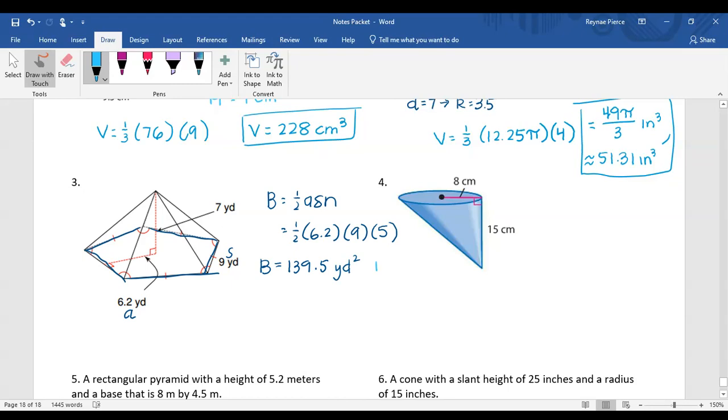The height is 7 yards. Again, vertex to base.